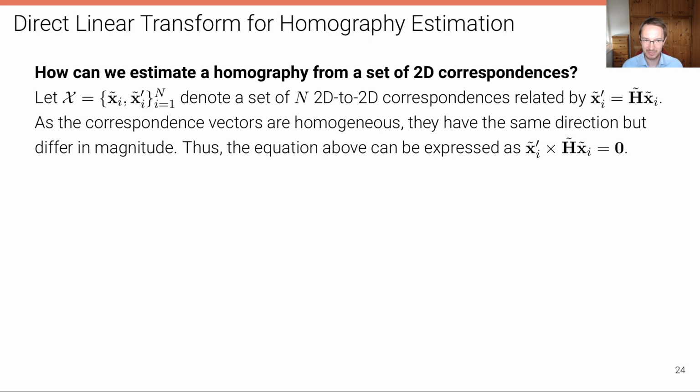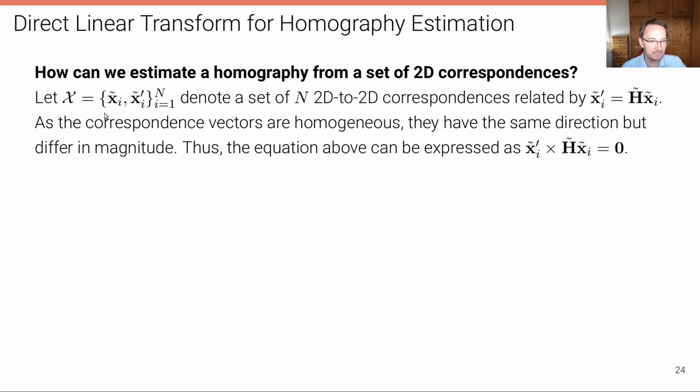So if we want to estimate this transformation from correspondences between a representation before and after the transformation, between two images, let's say, then we know, because each pixel defines two constraints, a constraint for the x and the y coordinate, we need at least 4 of these correspondences in order to properly define and estimate the homography.